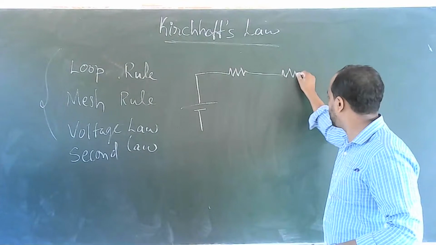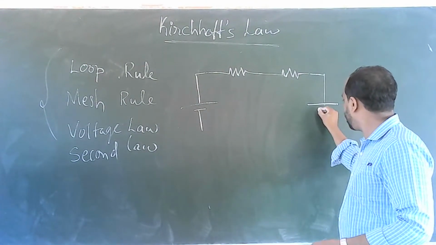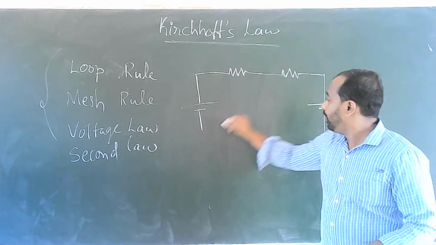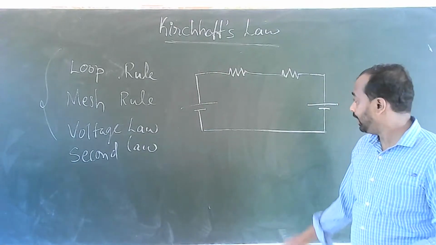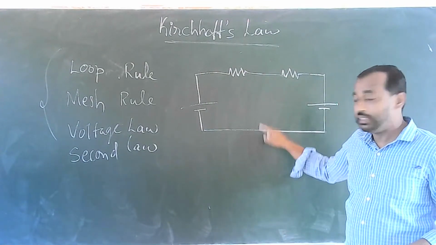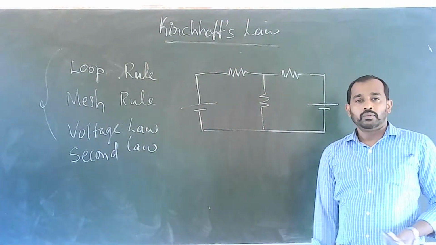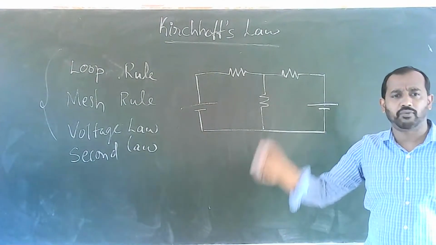Then there will be again a resistance. Then again there will be another cell here. Then they are interconnected. These two cells are interconnected, and between these two points, I will draw one more resistance. This is the entire network, which is a simple network.